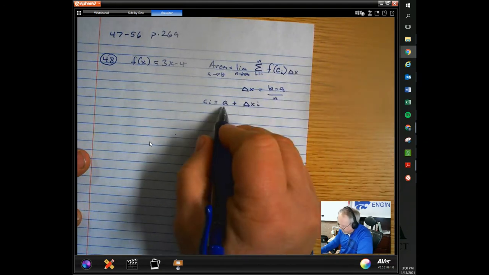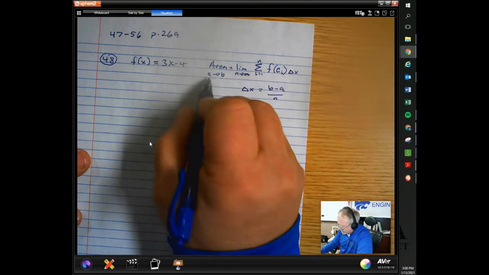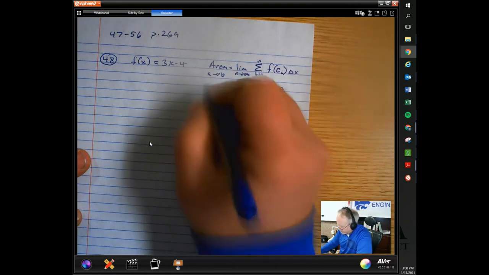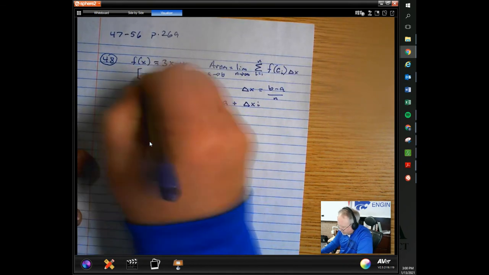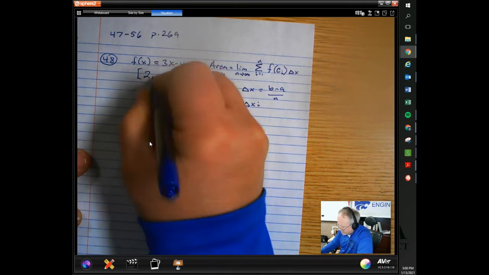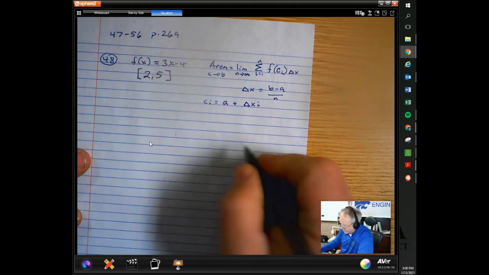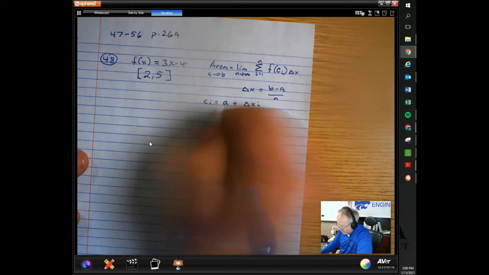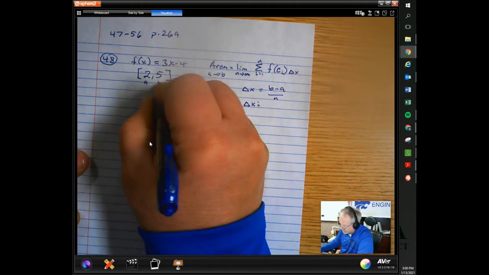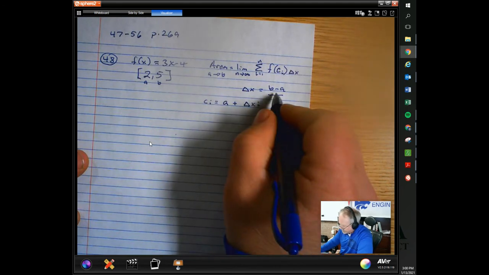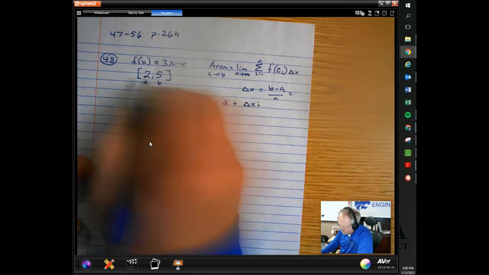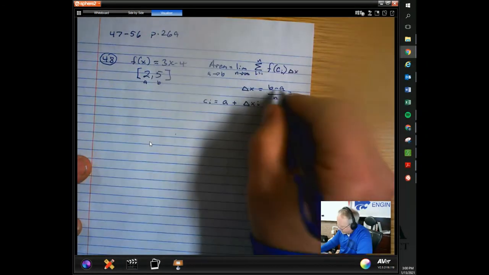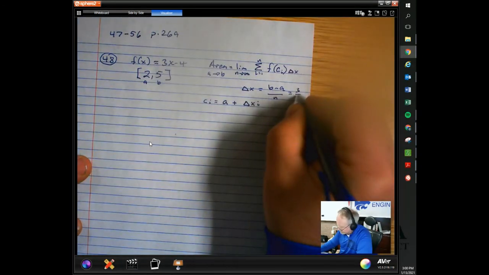And so the a is going to be what our bounds are. And in this case, our bounds are x equals 2 to x equals 5. So those are our two bounds. So a is 2 and b is 5. So I know that delta x in this case is going to be 3, right? 5 minus 2, 3 over n.